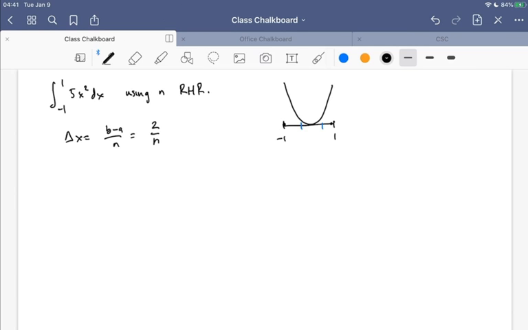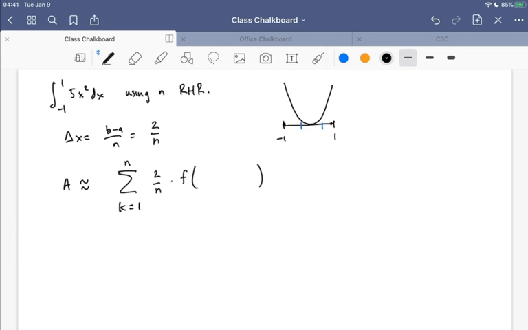For the right-hand rule, basically we leave off the first point and we only do all the subsequent ones. So the area is going to be the sum from k equals 1 to n of the width times the height.